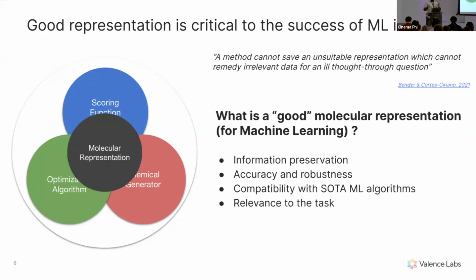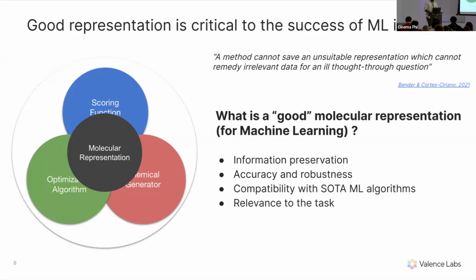But on top of all of that, one thing that is critical is the molecular representation. How do you get a molecule into a machine learning algorithm? I feel like Bao talked a lot about that, but I really like this quote here, which is basically saying that however strong your machine learning algorithm is, if you're using the wrong representation, one that is not capturing useful information, you will not get anywhere.